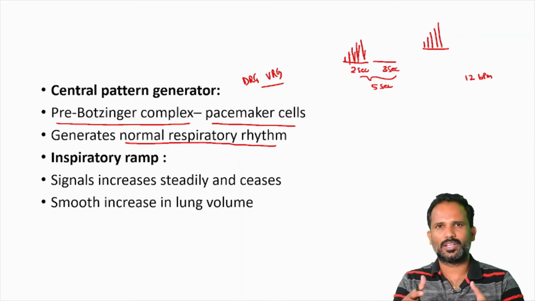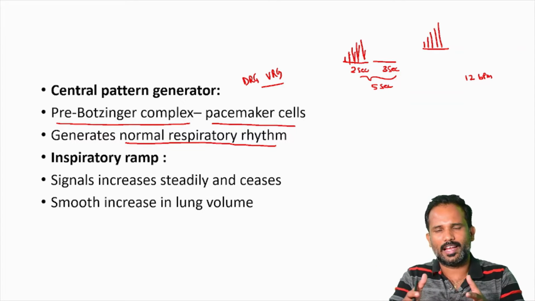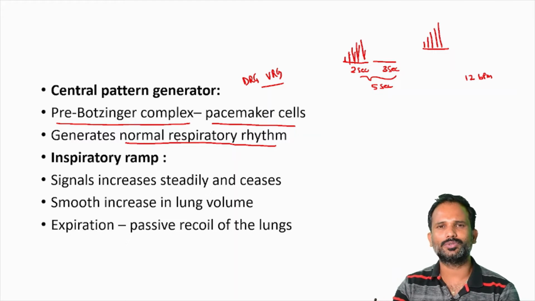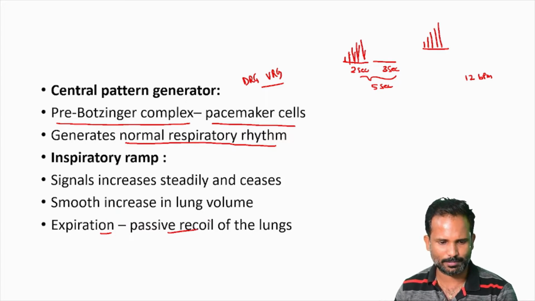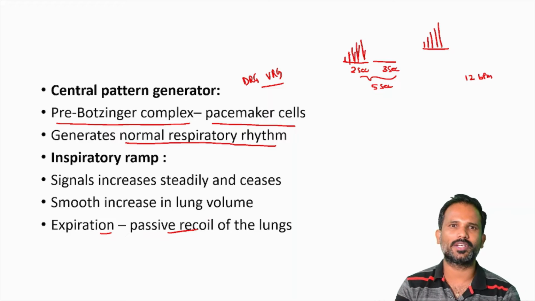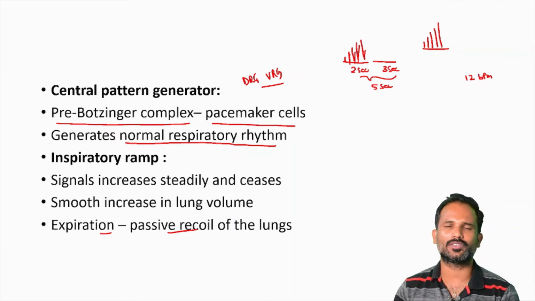The lung won't expand in inspiratory gasps. It doesn't expand like that. It helps in the smooth expansion. And after the 2 seconds, when the signal has ceased, the recoil of the lung causes the expiration. So expiration is simply passive recoil of the lung. If it is a voluntary expiration, maybe the internal intercostal muscles will come into action.